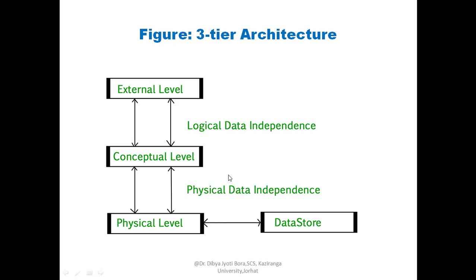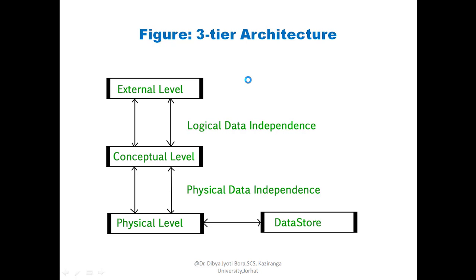Why? Because of physical data independence. Similarly, at the external level, we deal with views, and between the conceptual level and the external level, we have logical data independence. Clear? So these three interrelated levels are created in three-tier architecture, but they are independent modules, although they are interrelated. And because of data independence, we have these three different levels.